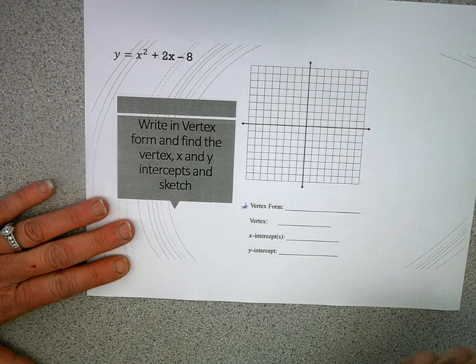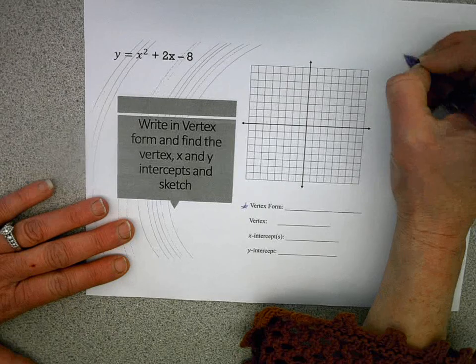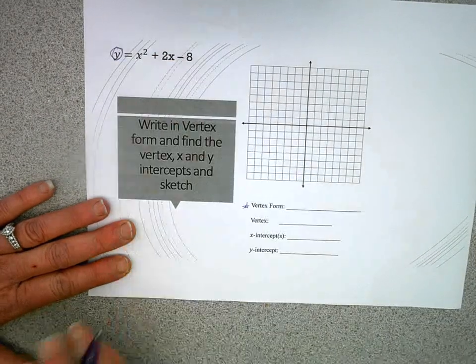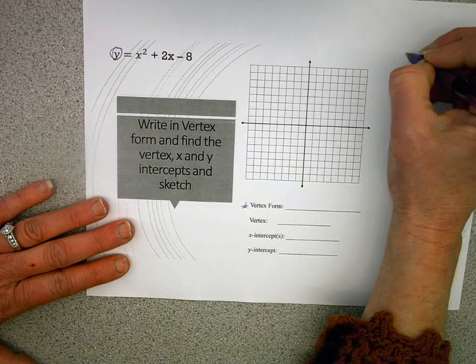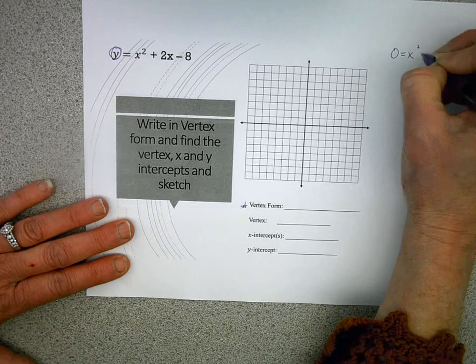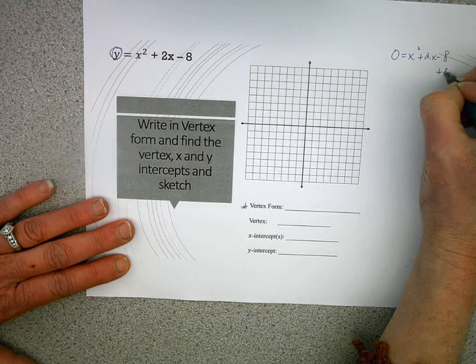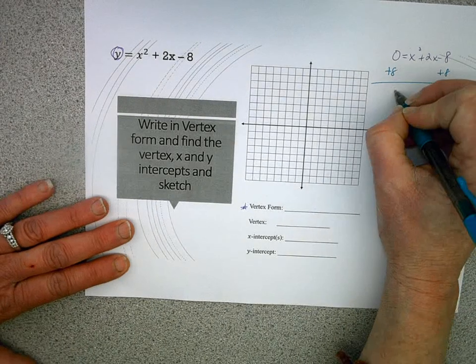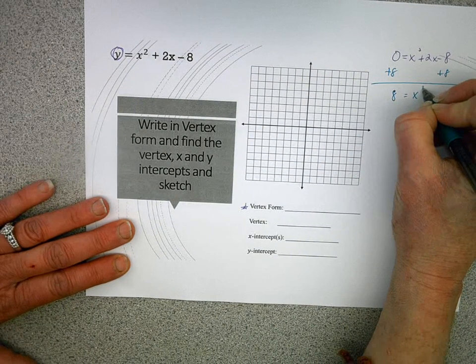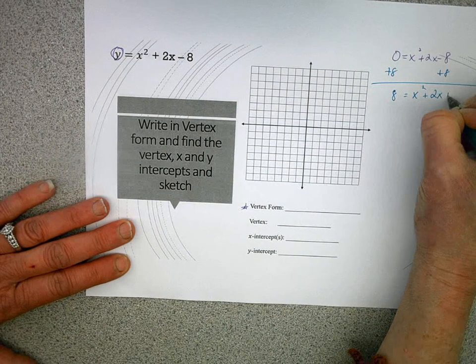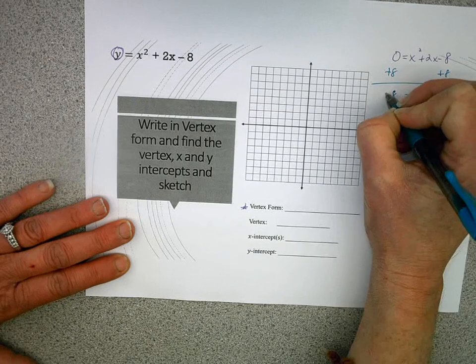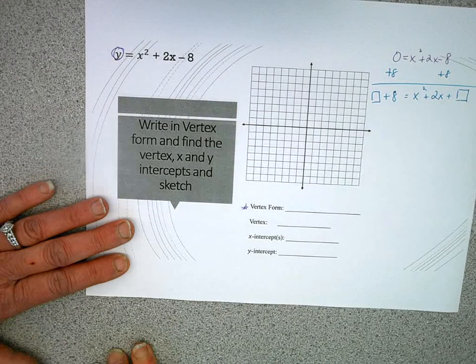So that is from 10.1. So I'm going to make this a 0. I'll put it over here. I'm going to move this c value to the other side. And I'm going to complete the square. Okay.